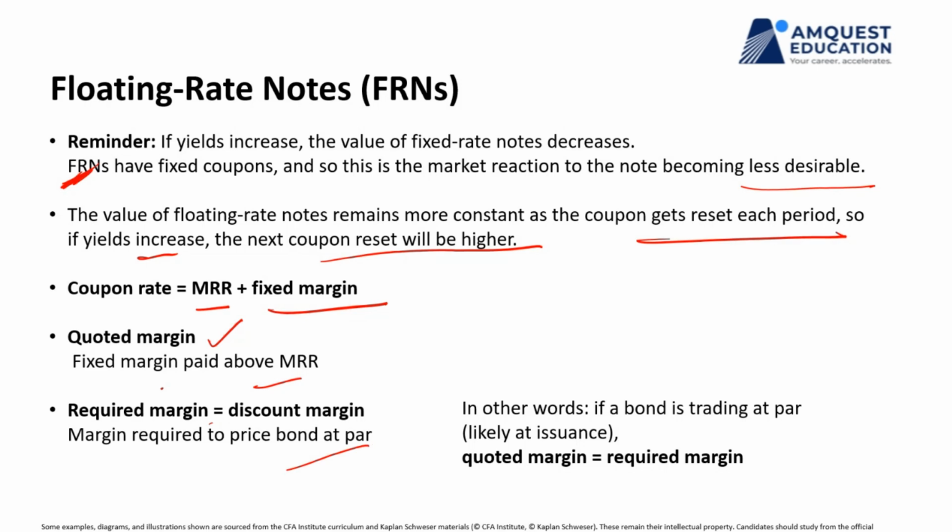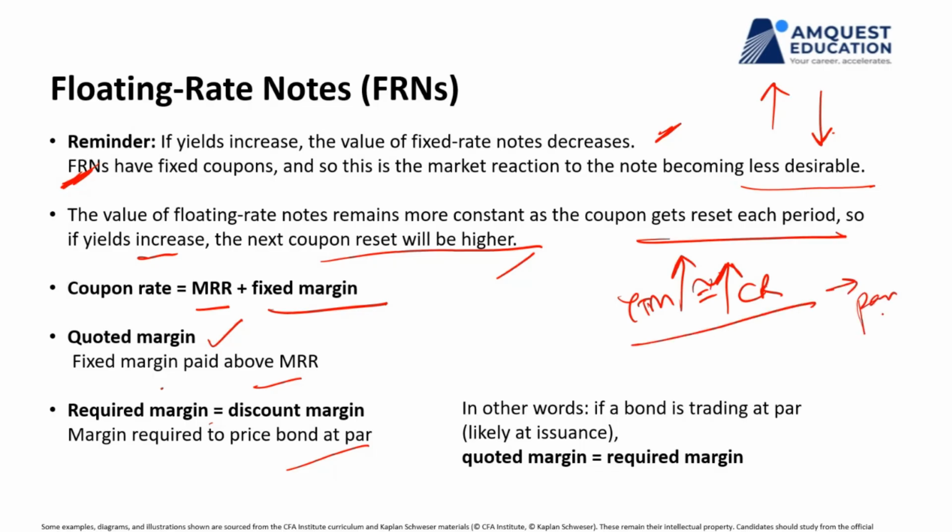So, in short, the fixed rate notes have a disadvantage. If rates increase, they will typically have a fall in value. In this case, if the rates increase, the coupons also tend to increase, and therefore, more or less, yields are equal to coupon rate. And if yields are equal to coupon rate, they will more or less trade at their par value or close to par value.